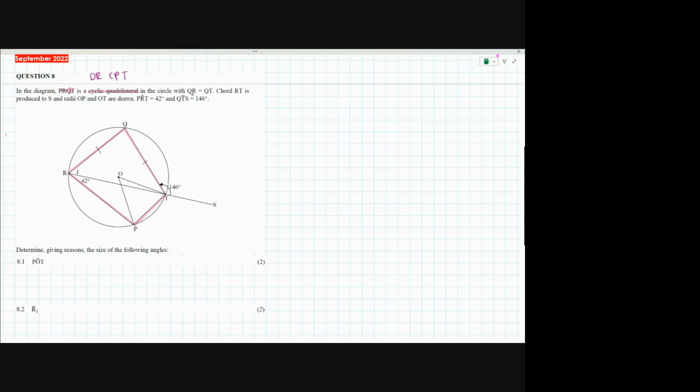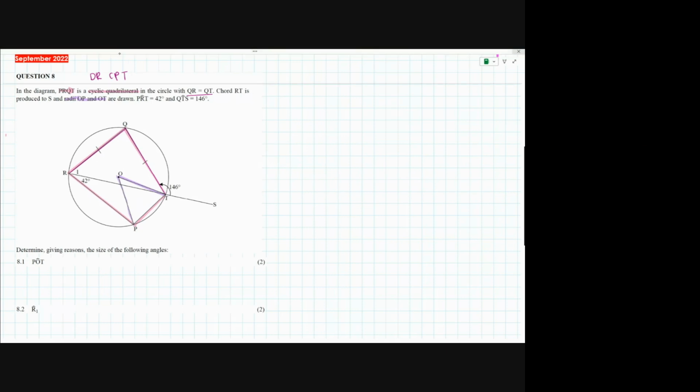We were then also told that QR is equal to QT. That again has been given to me by those little tick marks on those sides. And we are told that we have the radii OP and OT. So immediately I know those 2 side lengths are equal to each other because they're radii.